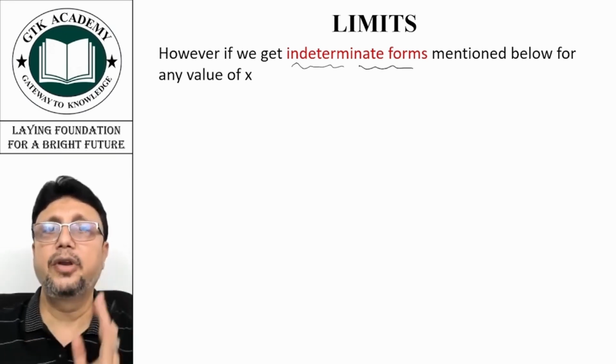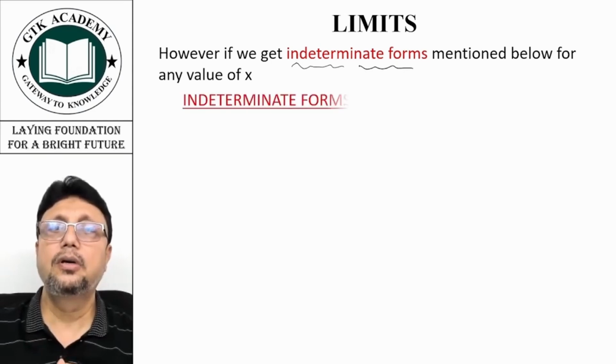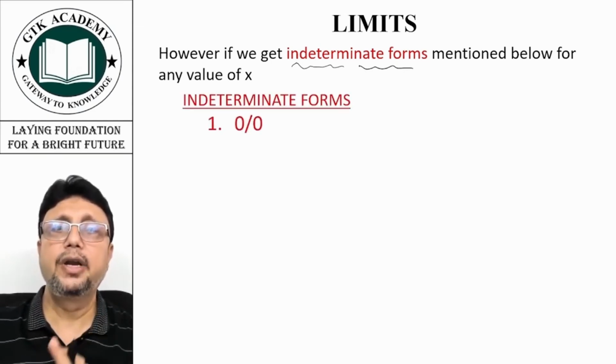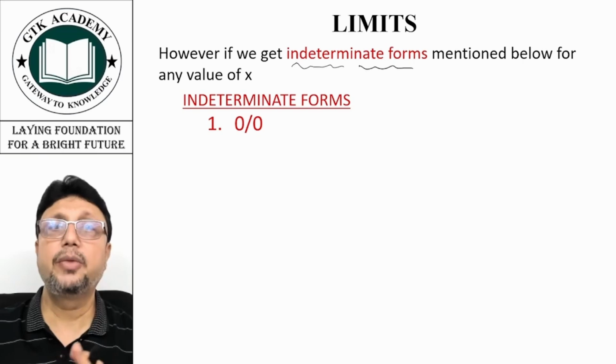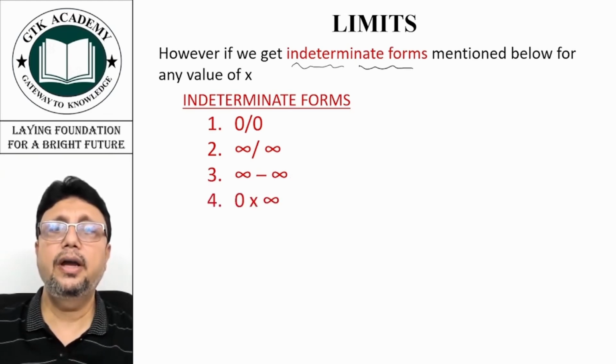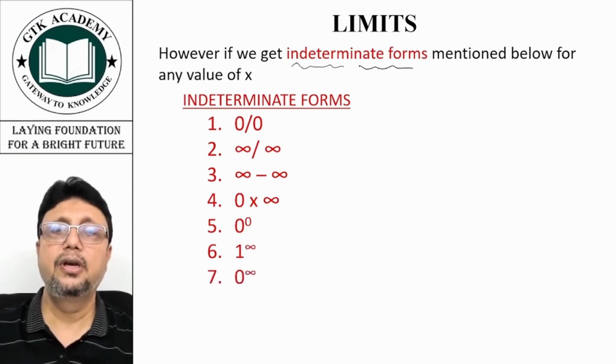Now, what are indeterminate forms? 0 upon 0, which means numerator as well as denominator becomes 0. Infinity upon infinity. Infinity minus infinity. 0 into infinity. 0 raised to the power 0. 1 raised to the power infinity.